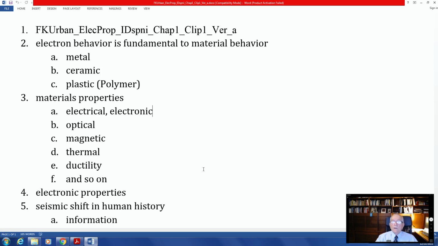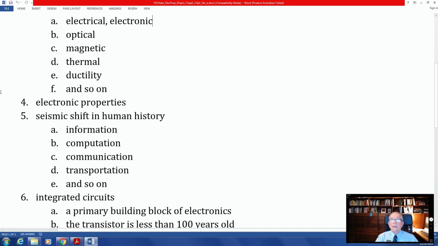So we are in a seismic shift in human history right now, in which these fantastic devices that we're now able to make that work through electronic means are affecting so many things about human life.